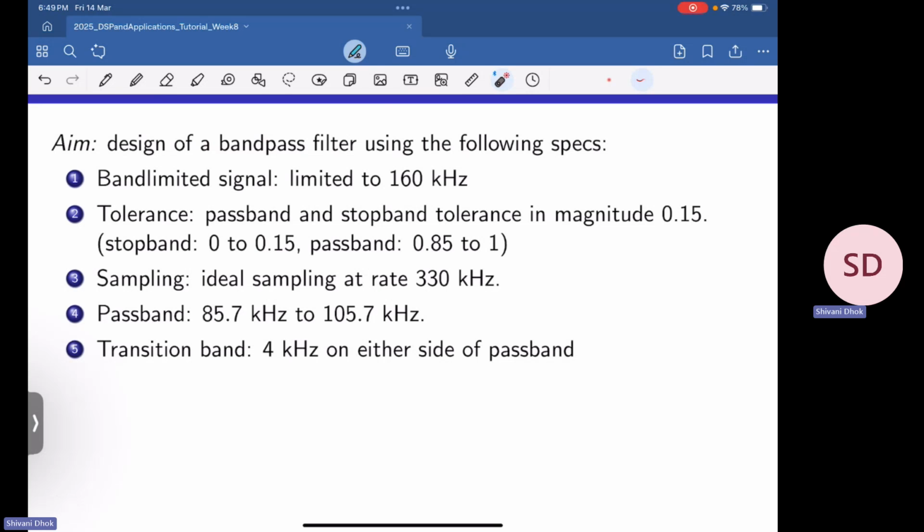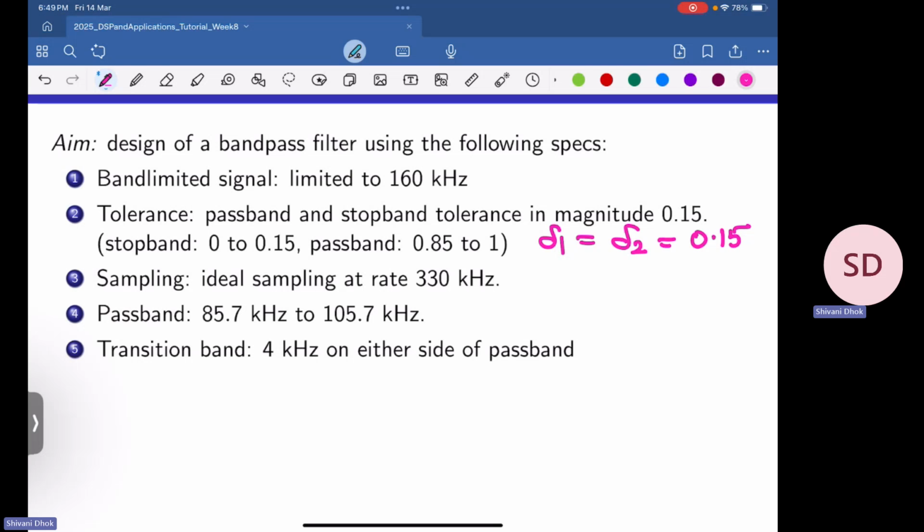The tolerance for pass band and stop band is 0.15. So passband tolerance delta 1 and delta 2 are both given as 0.15.